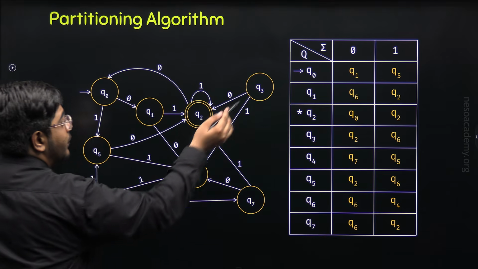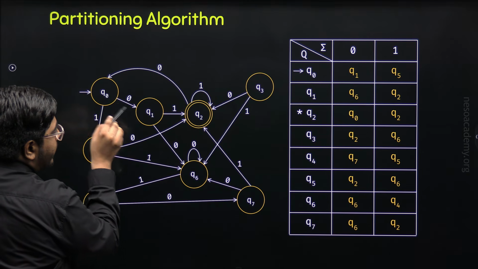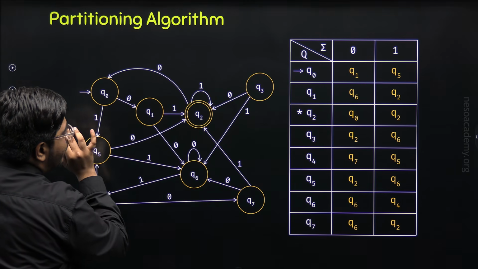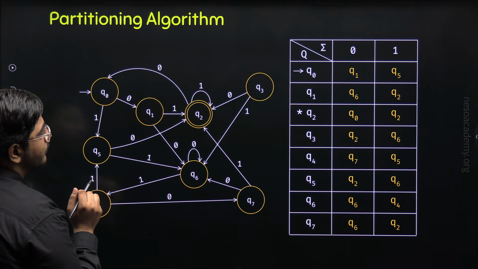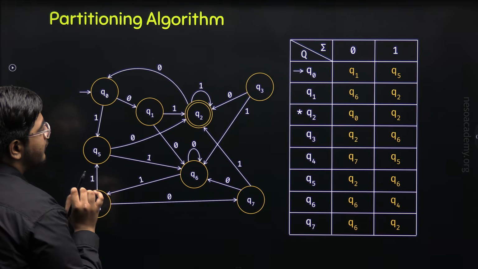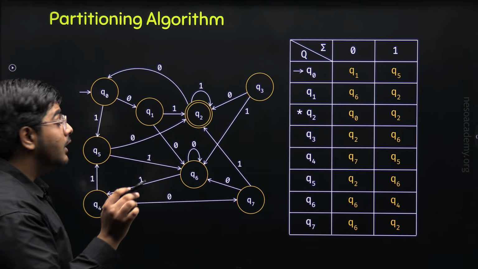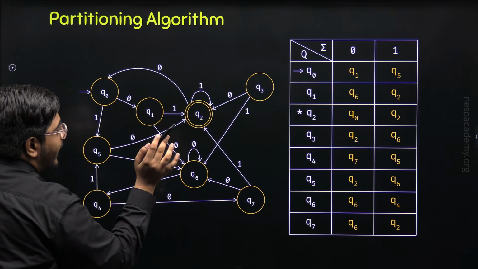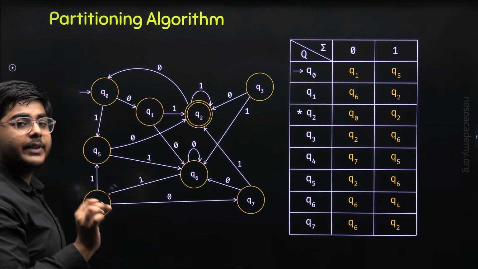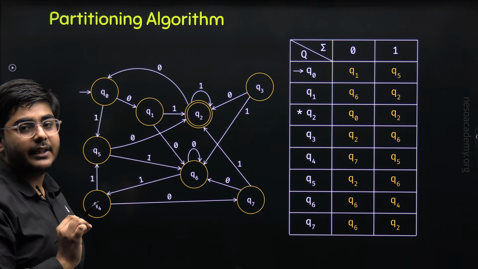Now let's check Q3. So can we reach Q3 from Q0 using any path? No. If you clearly observe, there is no path from Q0 to Q3. That is why Q3 is going to be our unreachable state.